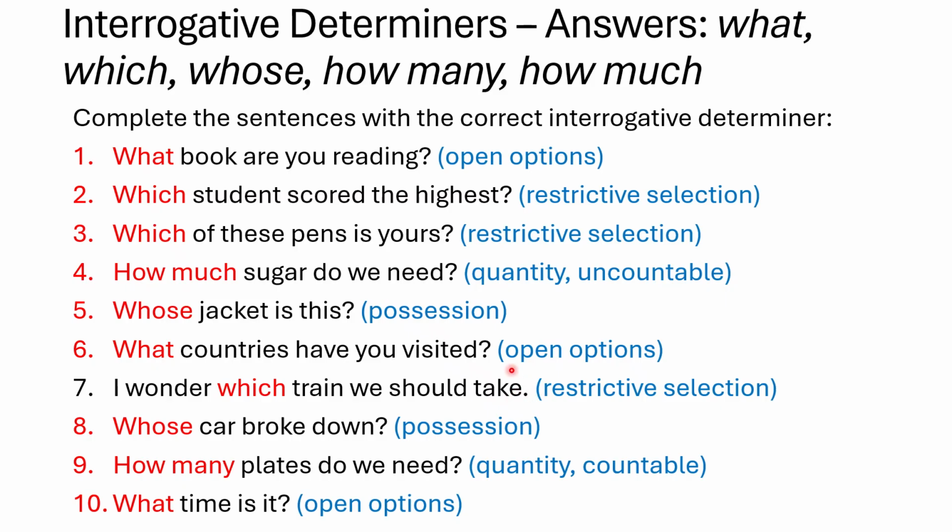You should have written which. 8. Whose car broke down? You should have written whose. 9. How many plates do we need? You should have written how many. 10. What time is it? You should have written what.